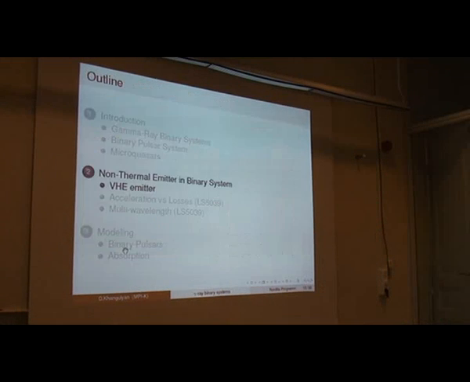But since we know that there is a very high energy emitter in this system, we may try to understand how this emitter can work in the framework of this system.